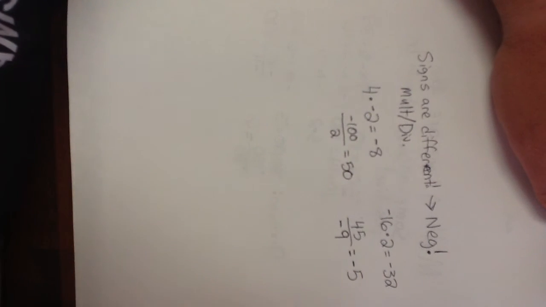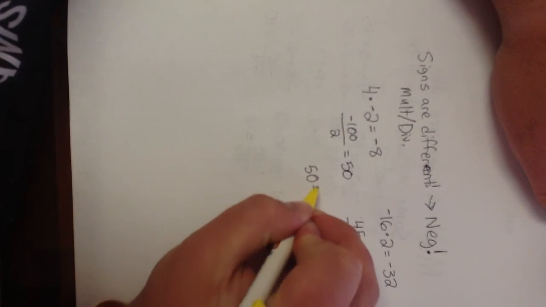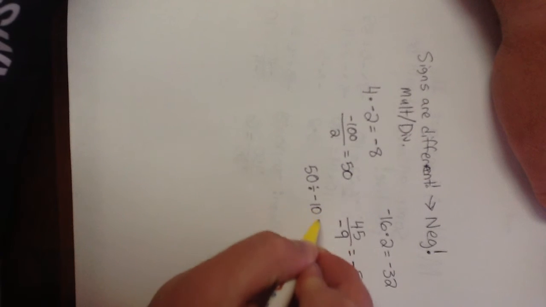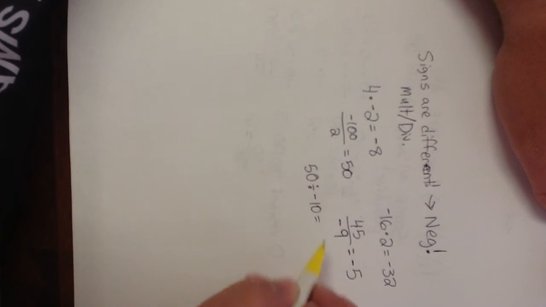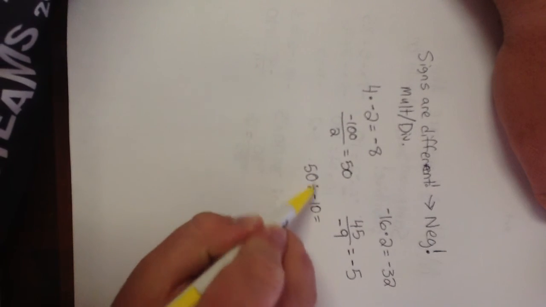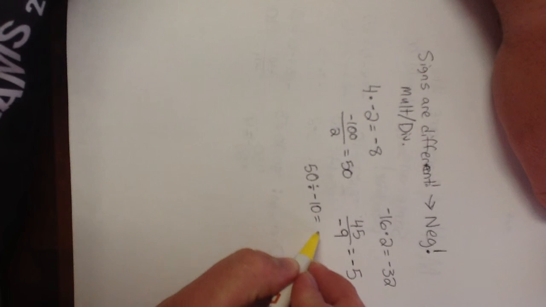Okay, of course that can be written long ways too, like 50 divided by negative 10. Your numbers have opposite signs. One's positive, one's negative. So your answer is going to be negative 5.